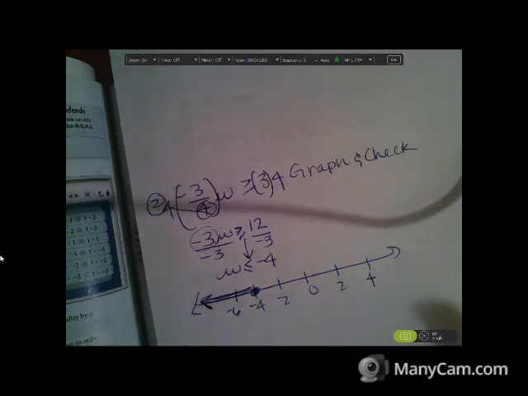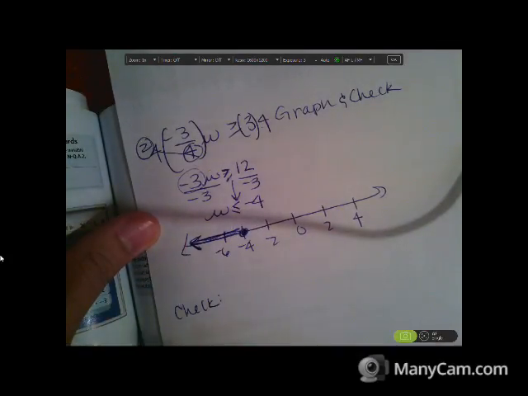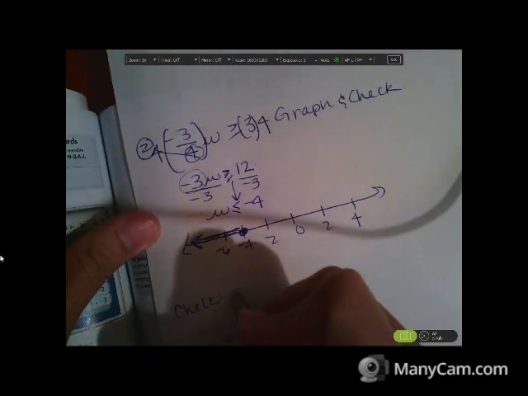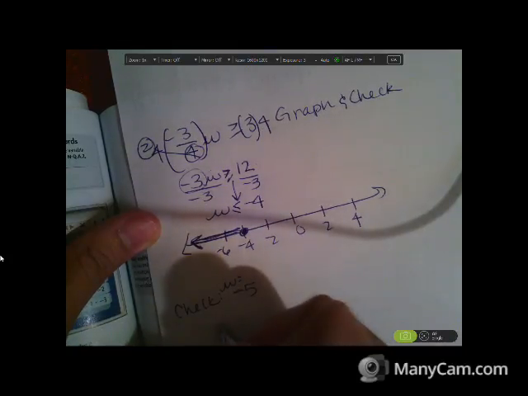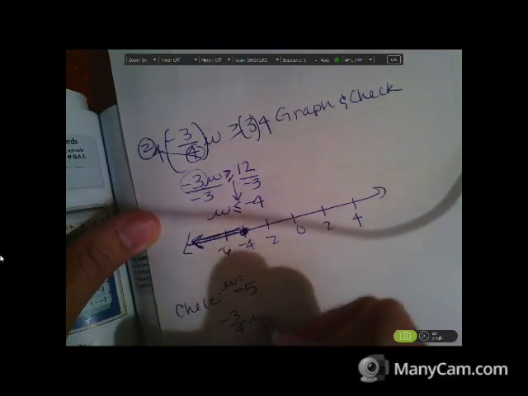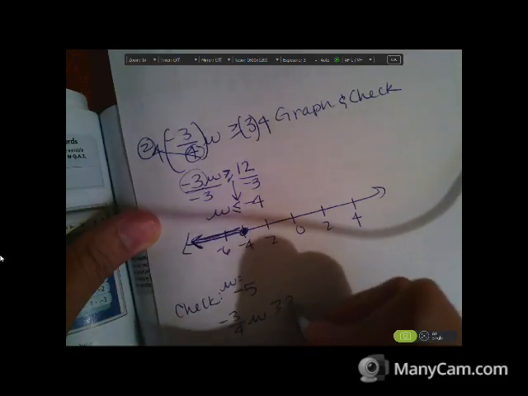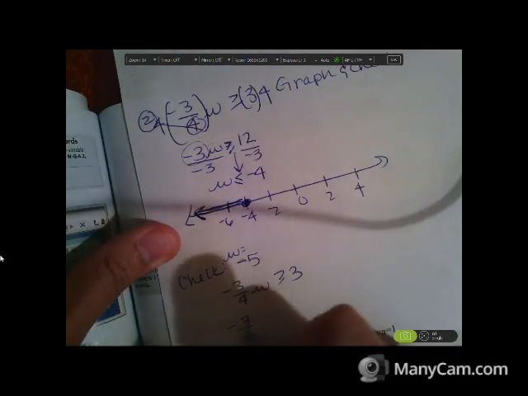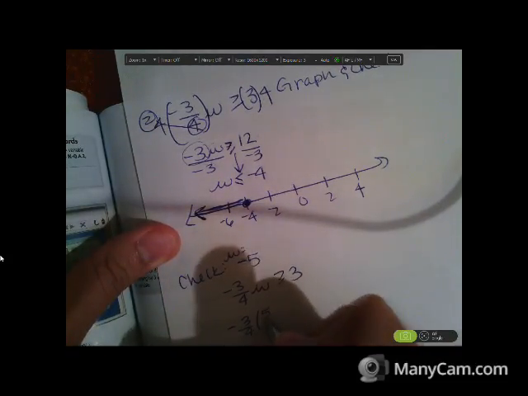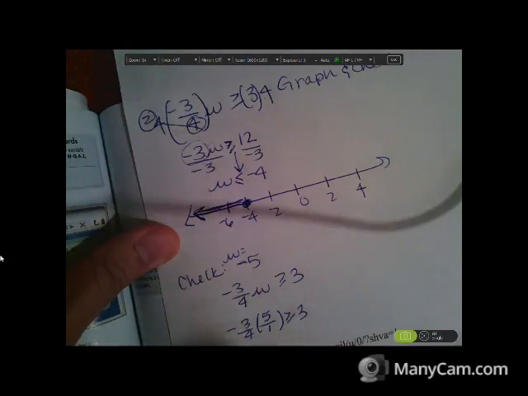Alright, so let's check that. If w is less than or equal to negative 4, let's try negative 5. W equals negative 5. So I'm going to plug it into this inequality right here. Is negative 3/4 times w, which is 5, greater than or equal to 3?